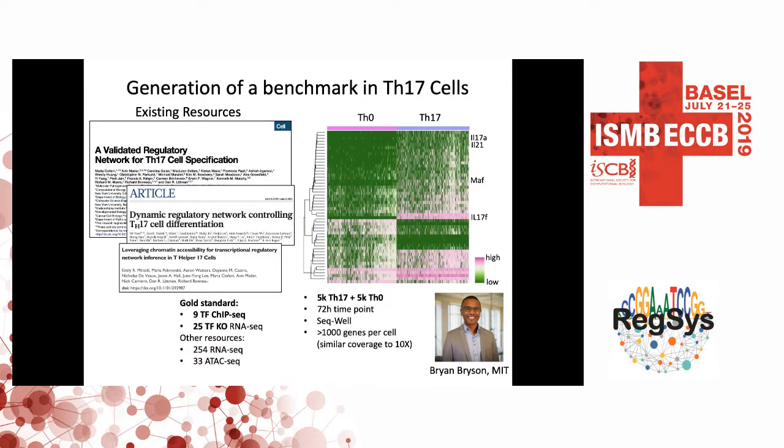And so now, how does it perform? One of the things that we had trouble with was developing benchmarks. And so we took advantage of the existing Th17 resources, in particular this gold standard I described before, and combined it with 10,000 single-cell RNA-seq cell samples with Brian Bryson at MIT.